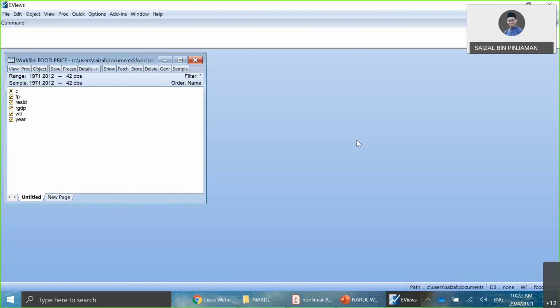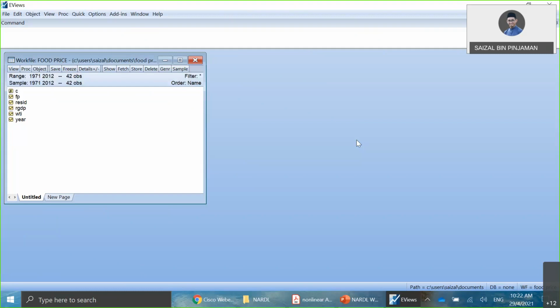You have to conduct the unit root test before you can proceed with the ARDL model, because the ARDL model itself has important assumptions in terms of the stationarity of the variables, just like I said before. So let us assume that all of the assumptions lead us to conduct the ARDL analysis.